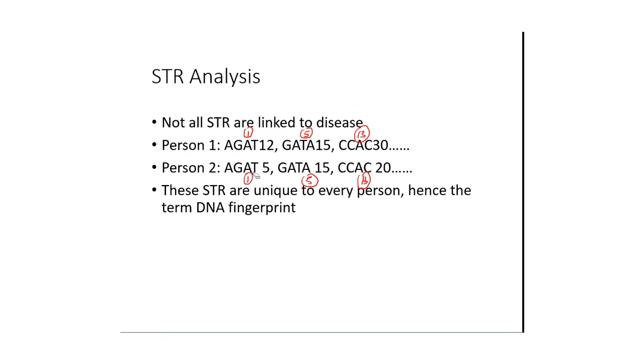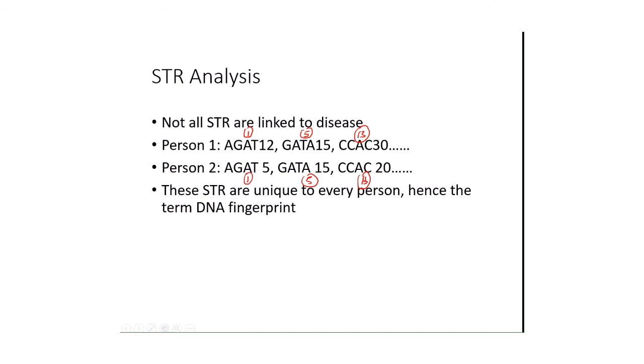But this person repeats AGAT only 5 times, GATA 15 times, and CCAC 20 times. So even though they have the same number of repeats in one of the locations, they are unlikely to have the same number of repeats in other locations.